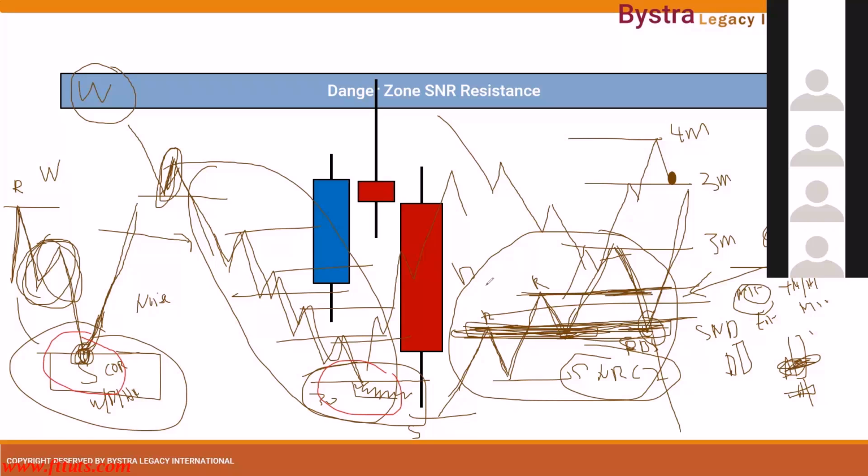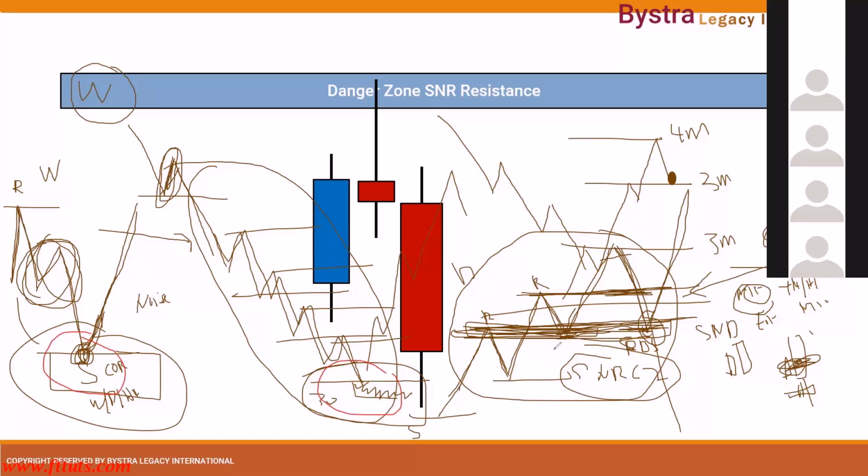For example, if we take this one, we have a bullish candle before the price comes to the danger zone, and when it reacts from the danger zone, should we look for a maximum of 3 candlesticks to break the structure of the blue candlestick? That's a good question, Pina. I'll explain that next, after we settle this.